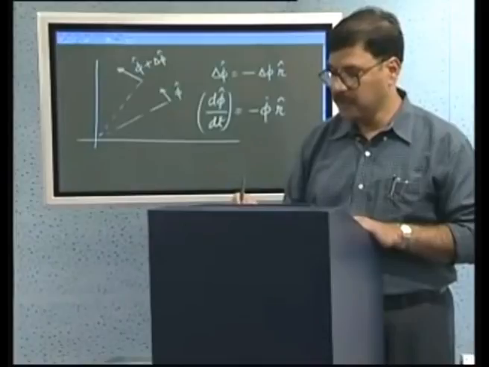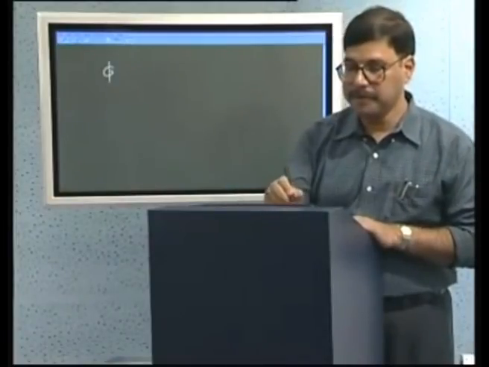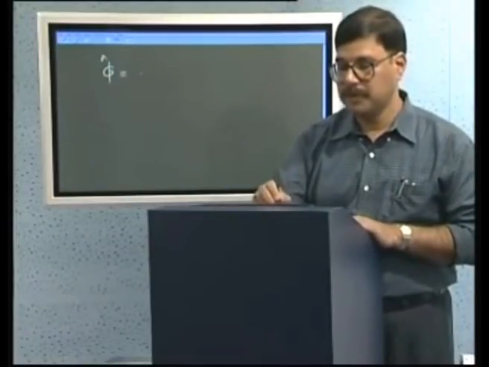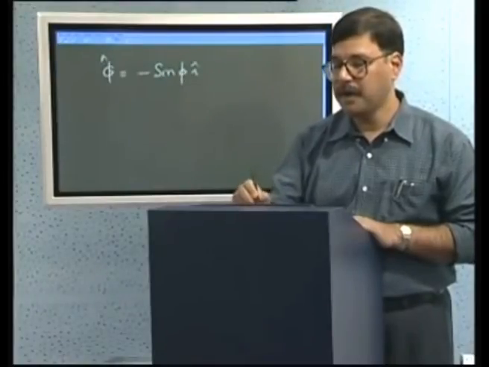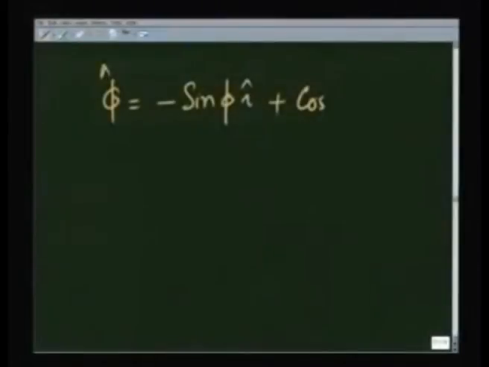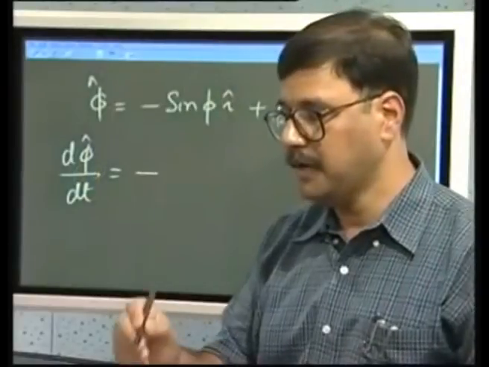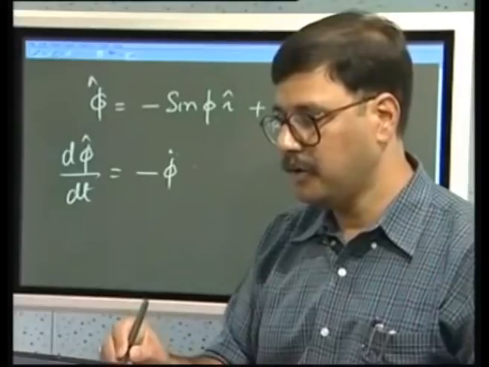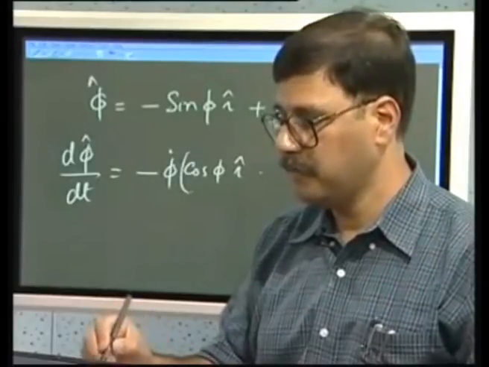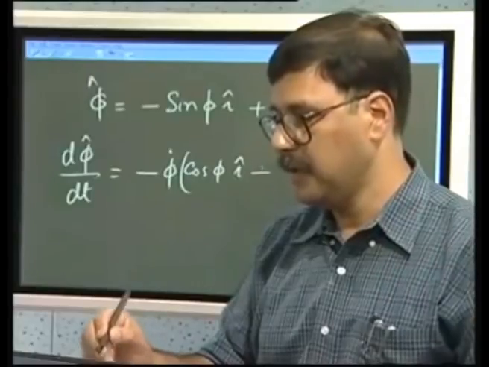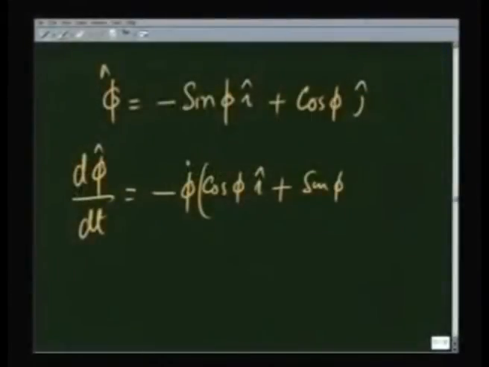I will go to the definition of the phi unit vector, which was minus sin phi i plus cosine phi j, and differentiate to get minus phi dot cosine phi i plus sin phi j.